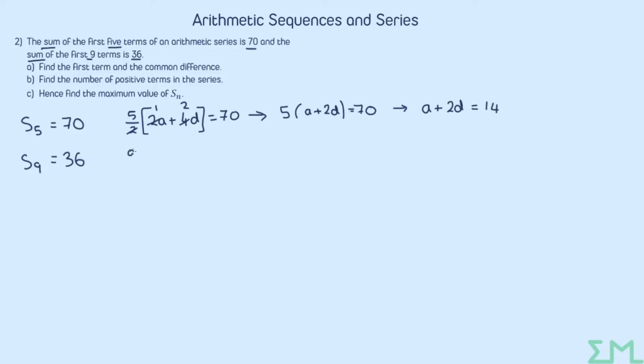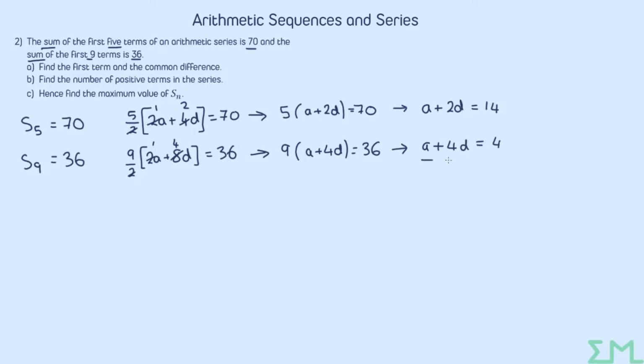The second equation, that would be 9 over 2 times 2a plus 8d equals 36. Again, the 2 cancels, 1 and 4. So we get 9 lots of a plus 4d is 36. Divide both sides by 9 and we will get 4.